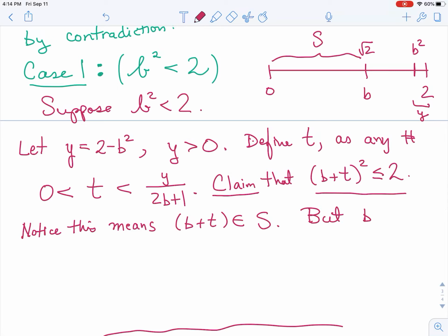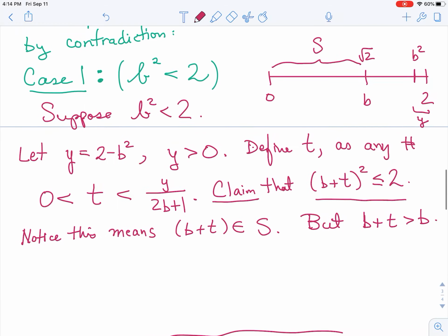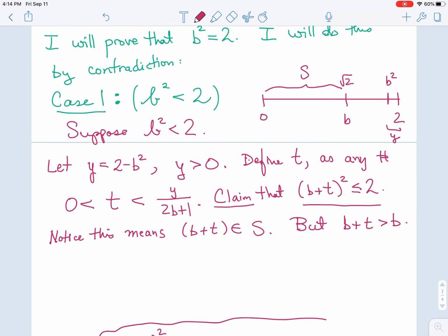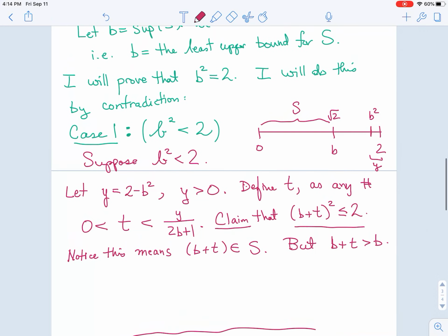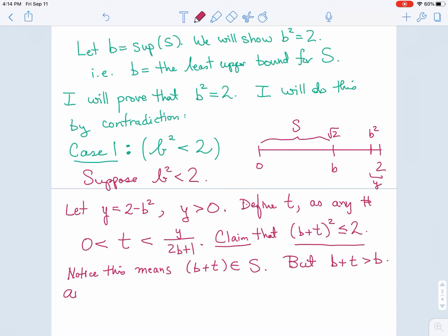But this is a big, big, big problem, right? Because b plus t is strictly greater than b. And what was b supposed to be? b was the least upper bound of S. So b was supposed to be bigger than or equal to every element of S. And we just found one that was bigger.